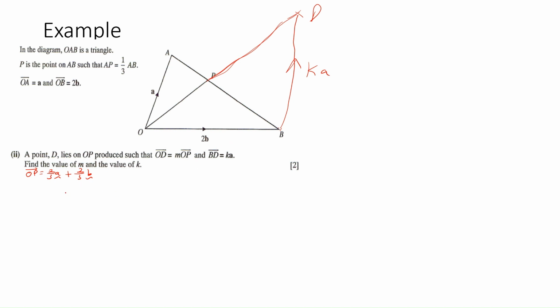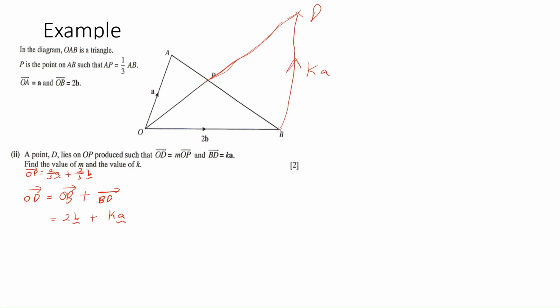Let's do this. If I want to find OD, am I right to say that OD is equal to OB plus BD? So OB is 2B and BD is KA. This is OD.